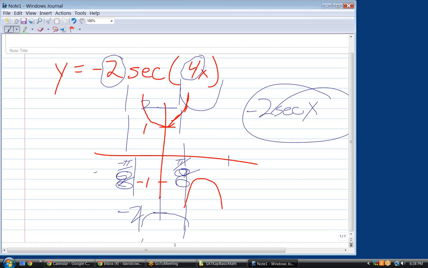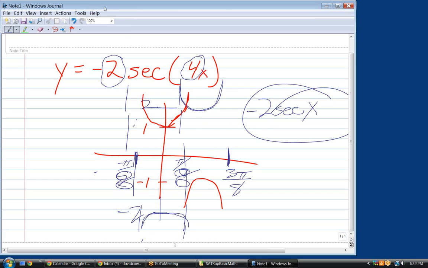So to get the pi over 2, I've got to go out to 3 pi over 8 to draw my second curve. So now that blue and that blue, as long as this point is 3 pi over 8, and this point here is minus pi over 8, we have a period of pi over 2, which is what our period should be.